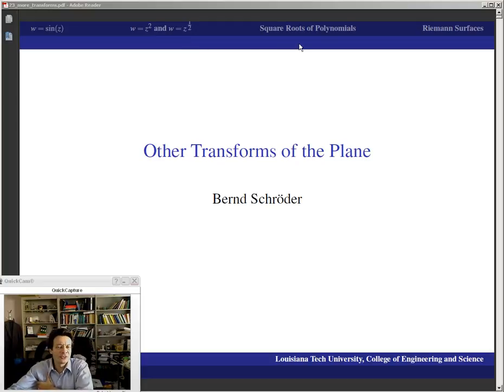Square roots of polynomials, here's where it gets really complicated, but we're going to look at least one example to show how square roots of polynomials can be defined on a somewhat larger domain than would be obvious. And we will talk at the end a little bit about Riemann surfaces, which are a way to get around the fact that functions such as the logarithm have multiple values. Okay, let's get to it.